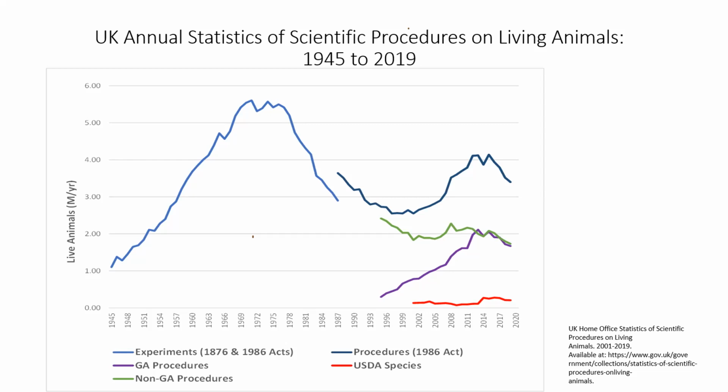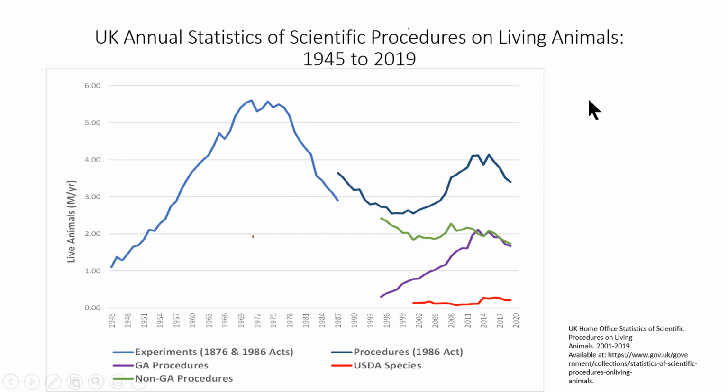The difference between the United Kingdom and the United States is that in the United Kingdom, they count all vertebrate species: rats, dogs, fish, birds, amphibians, reptiles, you name it, and a couple of non-vertebrate species, octopus, for example, in their statistics. And they've been keeping these statistics since 1945.